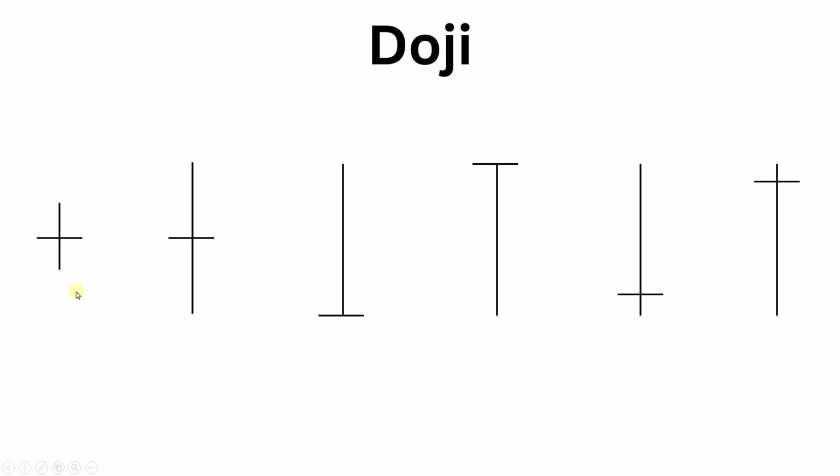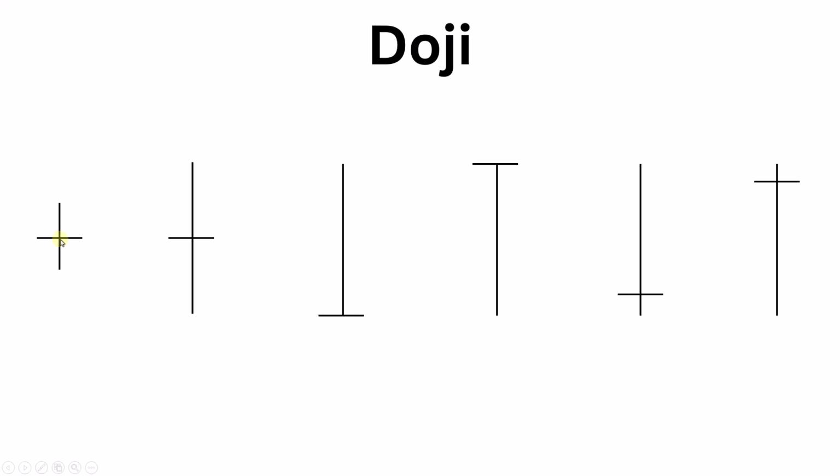Alright. Now, if you recall the parts of a candlestick, you know that there are four parts. First is the open, then high, then low, and then close. Correct? Open, high, low, and close. These four things constitute a candle.